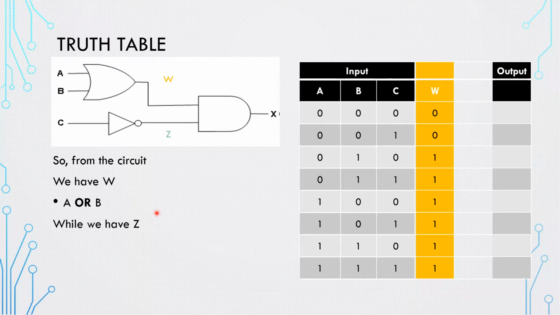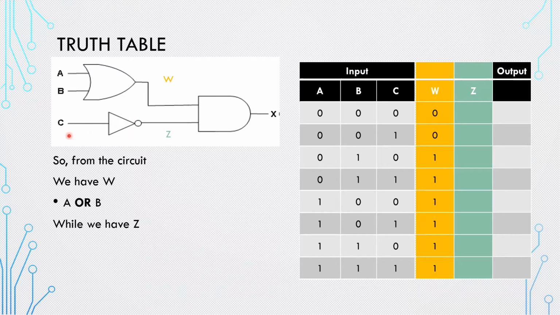I'm going to do the same thing for the second line, the input for the last gate, which is Z. Okay, how to get Z? If you look back at its gate, it should be NOT. NOT for what? NOT for C. So you're going to do the NOT operation on C in order to get Z. So this is the column C. I'm going to do the operation on only C. What does the NOT operation mean?